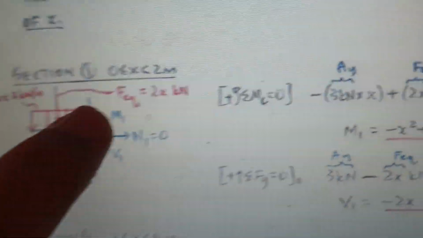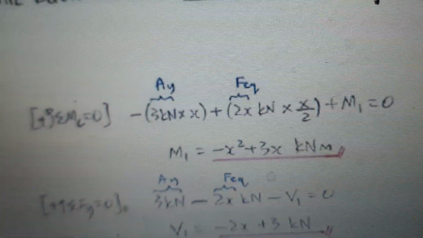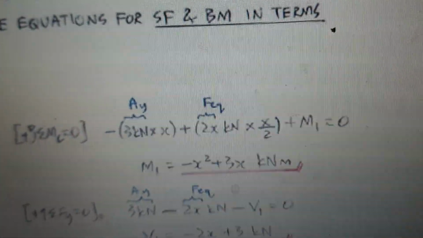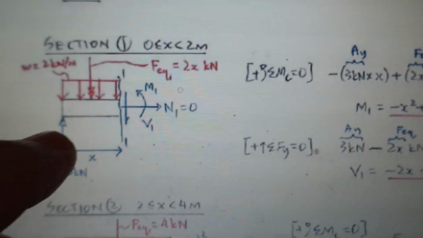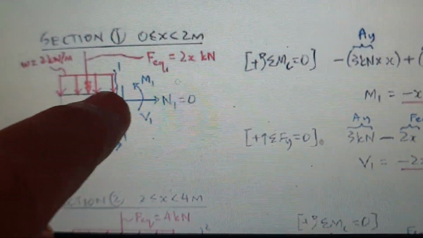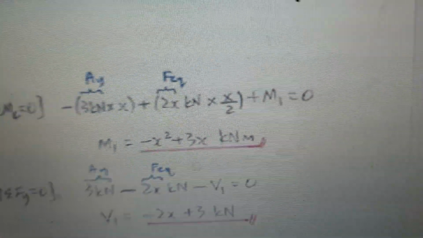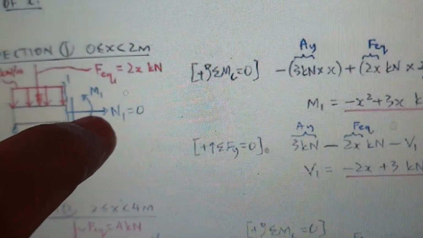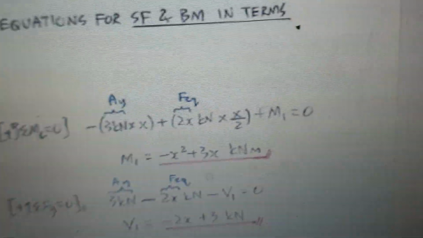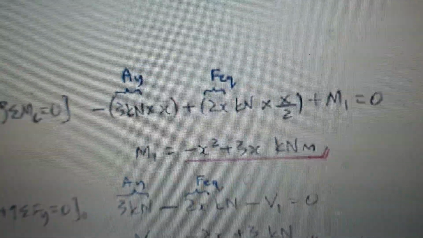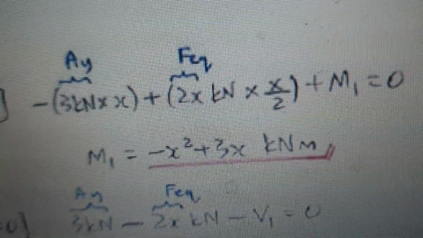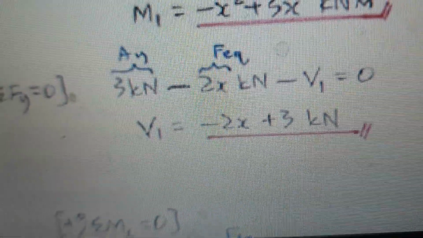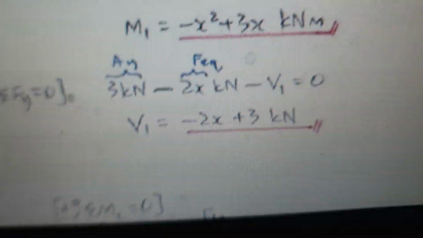This is going to go like this, minus 3x, and this is going to be positive, plus 2x times the distance from here to here, that is x over 2. 2x times x over 2 plus moment 1, because this moment is positive if it is to the right, equals 0. You could find moment 1 is minus x squared plus 3x, in kilonewton meters, and the shear force is minus 2x plus 3 kilonewton. So we find these two equations.